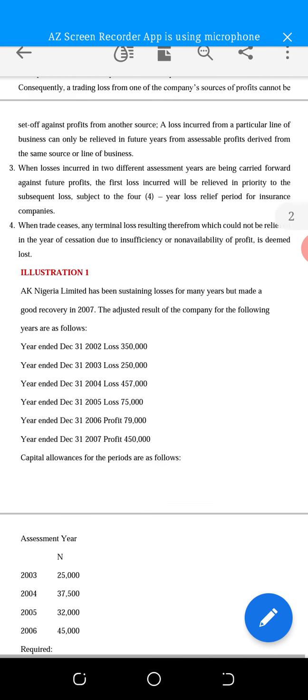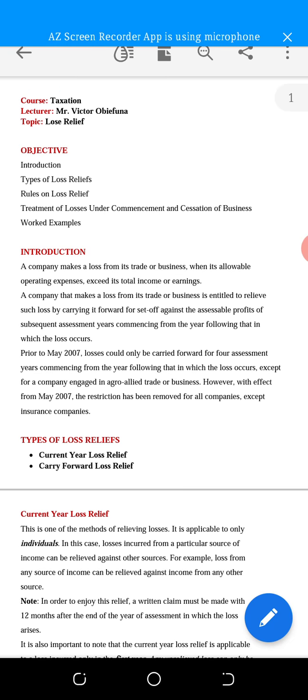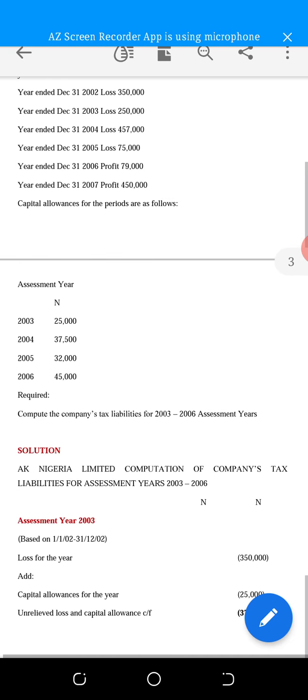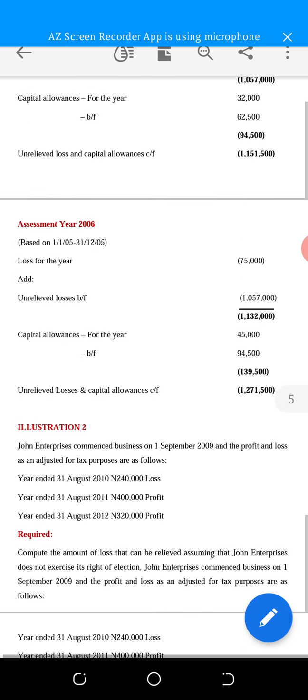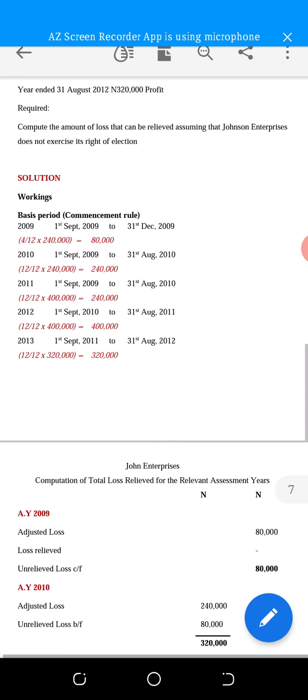Now you can write down these notes. Write these notes down, then ask me questions where there is confusion. And in our next class, I will give you the next topic we'll be handling. But before then, go through your ICAN, go through Pathfinders to pick up questions relating to this topic we treated.